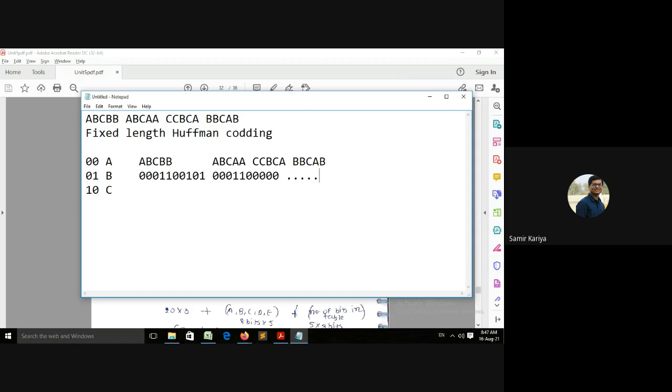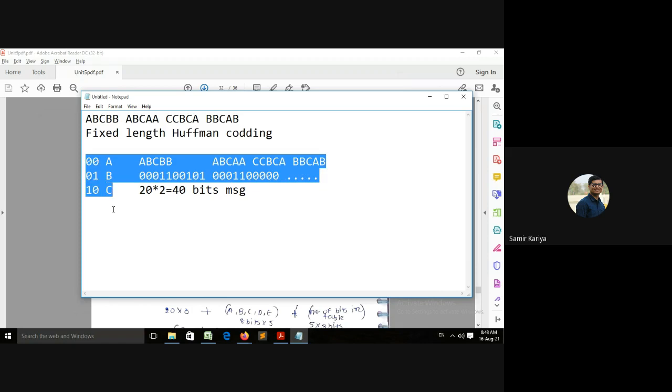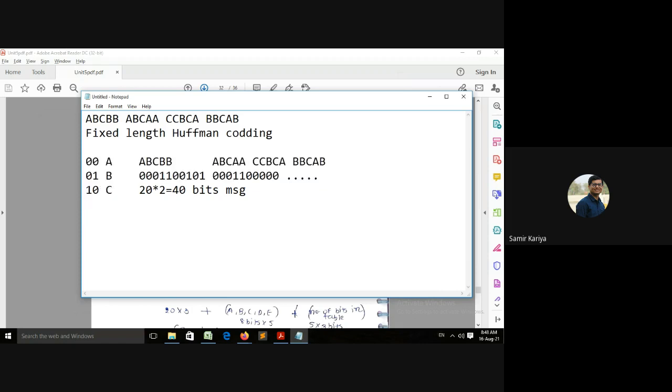So here in total you are sending 20 into 2 is equal to 40 bits. That's for the message. For decoding at the receiver end, we also have to send this table. For the table, 6 bits plus 3 characters.